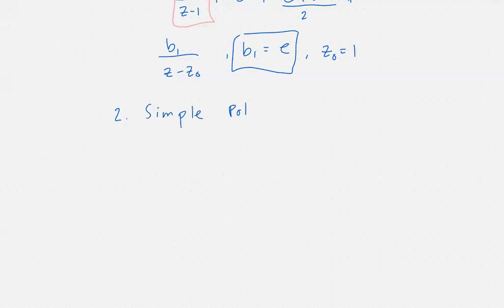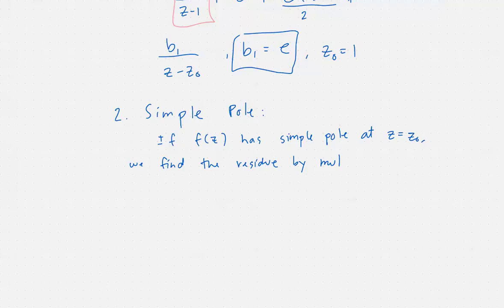So if our function f of z has a simple pole, recall the definition of simple pole, at z equals z sub 0, we find the residue by multiplying f of z by z minus z sub 0 and evaluating the result at z equals z sub 0.